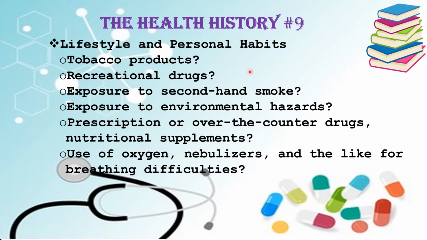For lifestyle and personal habits, you can check for tobacco products, whether the patient is a smoker, recreational drugs, exposure to secondhand smoke, exposure to environmental hazards, prescription or over-the-counter drugs and any nutritional supplements, and the use of oxygen, nebulizers, and the like for breathing difficulties.